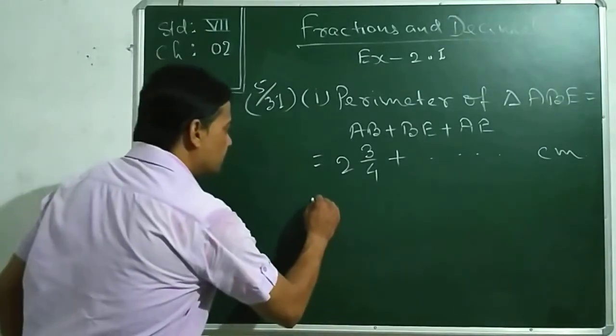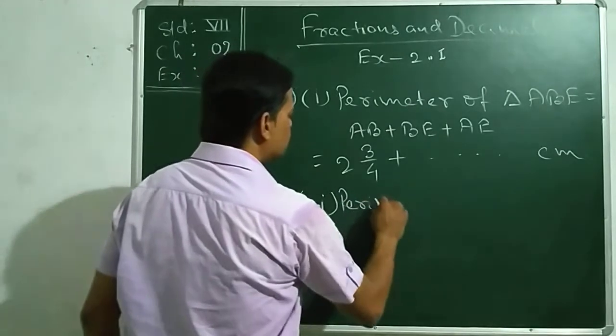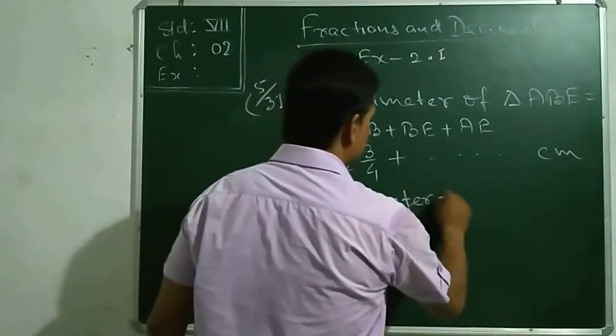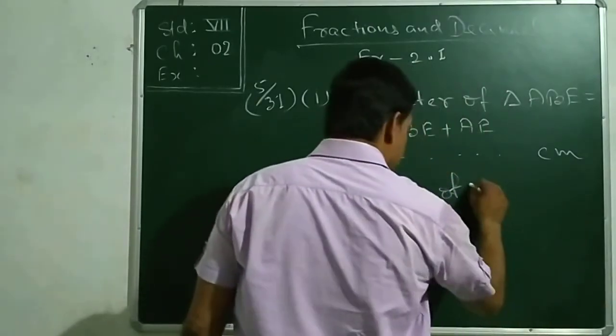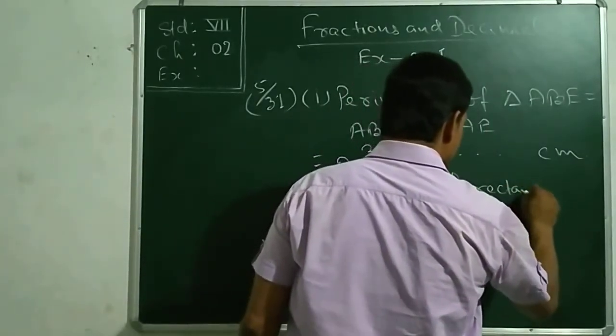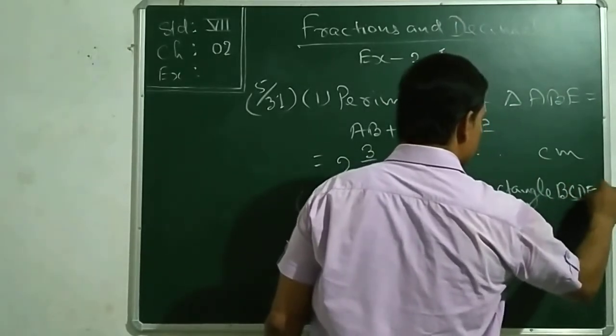Come to the second. Perimeter of rectangle BCDE.